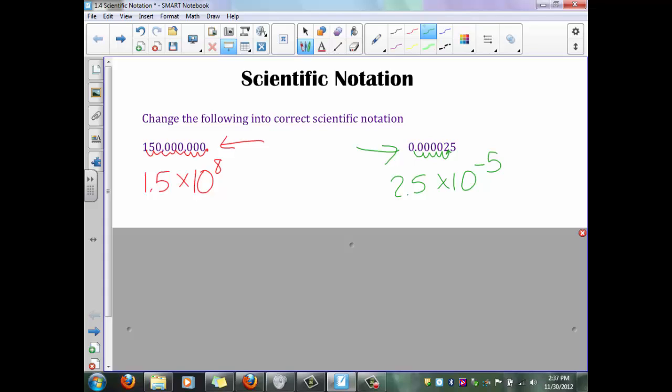So if you have a large number, your exponent is positive. If you have a small number, your exponent is going to be negative.